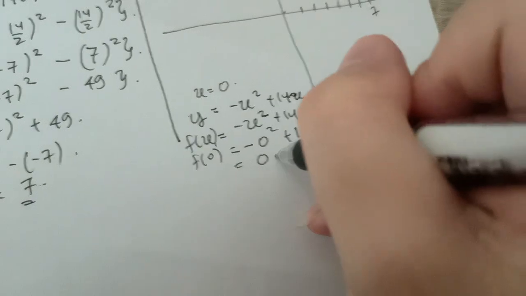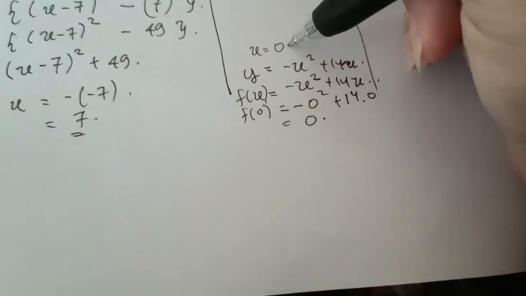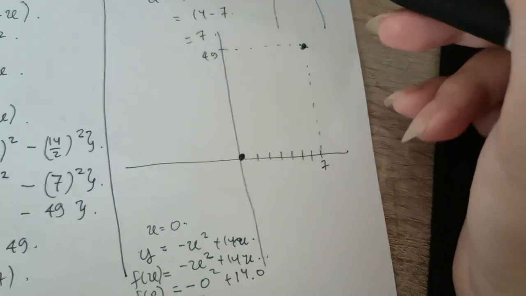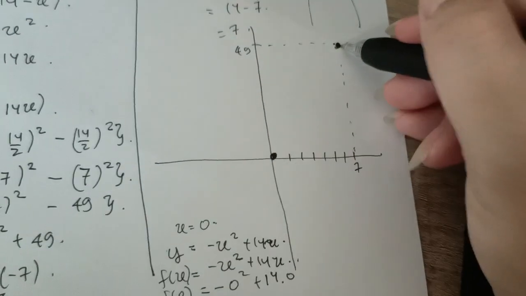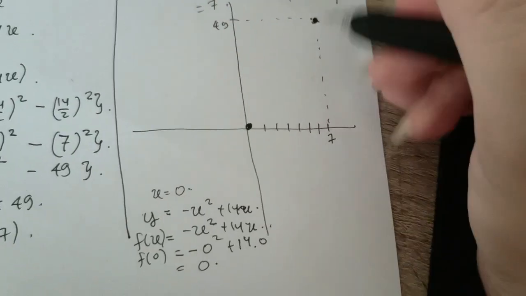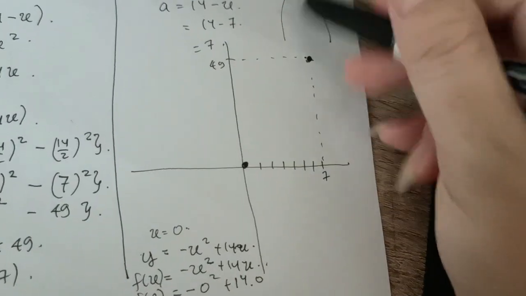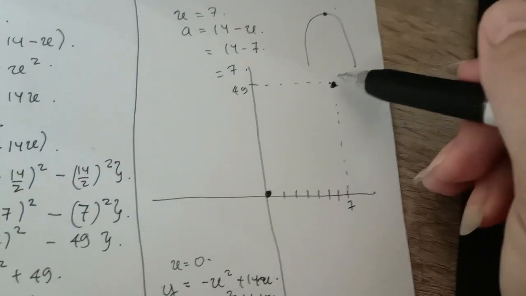It is 0. So if x is 0, the y is 0, so it's over here. We can assume that this is the max. This is to cross check. So this is going to be the maximum.